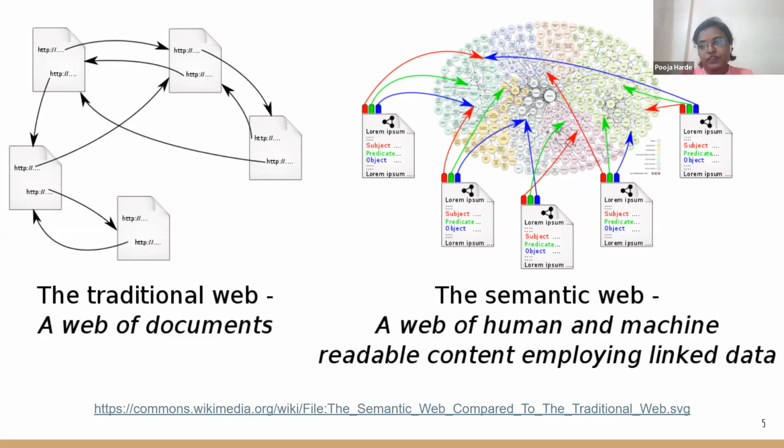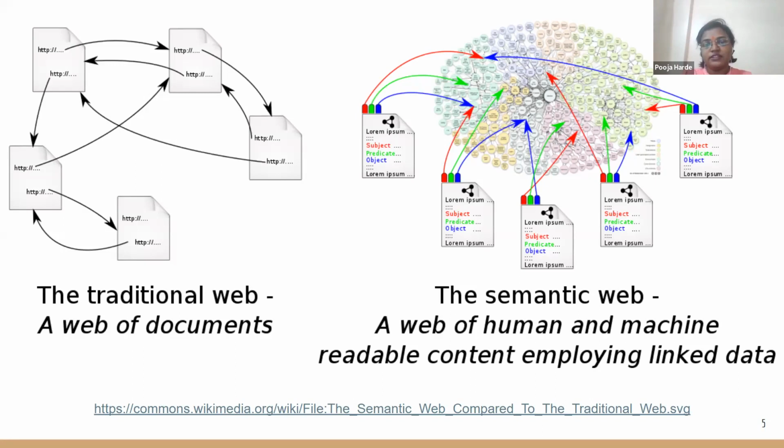As we evolve with technology, from the traditional web, where the document is the main source of information, we are shifting towards the semantic web, where not only humans can read the content, but machines can also infer knowledge from the data already present on the web, transfer that data from one place to another, gain knowledge from it, and make assumptions or analysis.